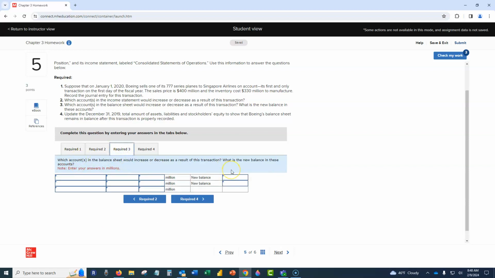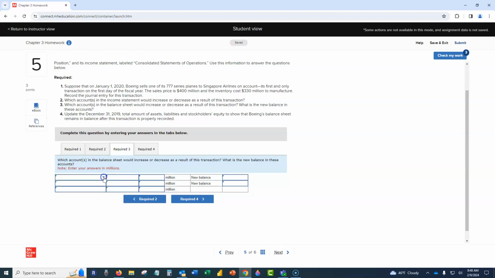Now, where people are starting to get thrown off here is with the balance sheet. It seems like there's a struggle to figure out how to calculate the new balance on the balance sheet. The simple answer is you're just adding or subtracting to the total that you find on Boeing's balance sheet. So let's start here. What accounts are impacted on the balance sheet? We know it's going to be an asset, a liability, or an equity account.